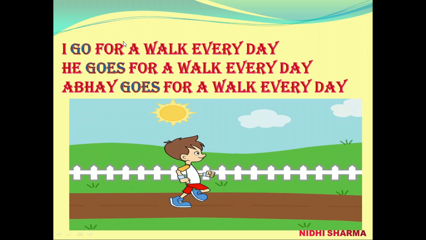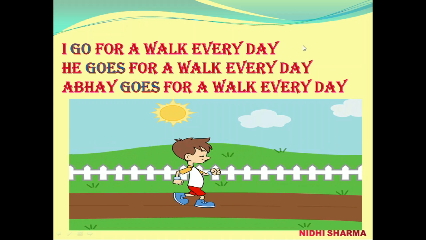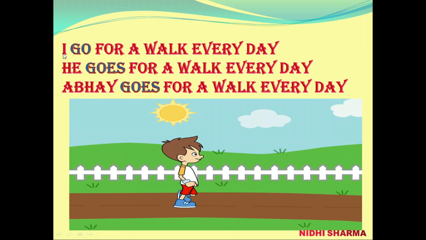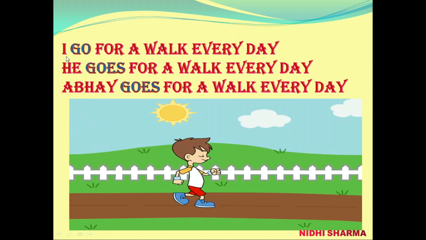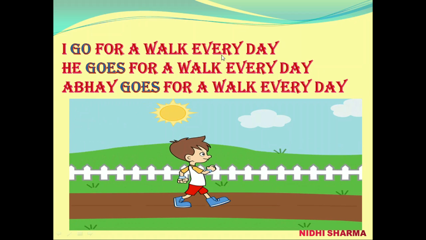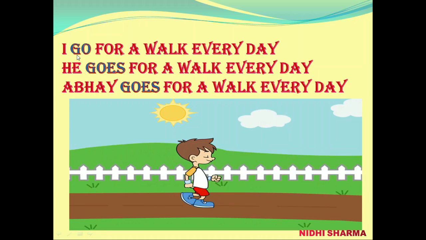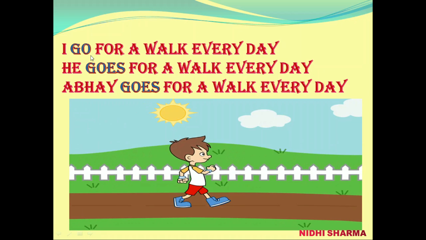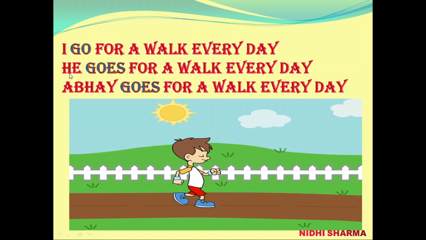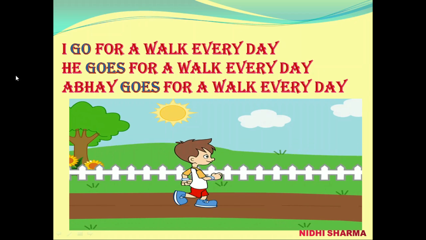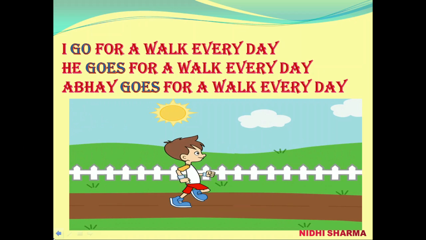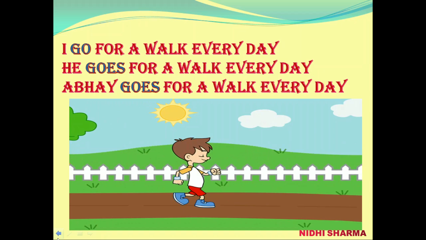Now, I go for a walk every day. So here again we have a first person singular. So the sentence is I go for a walk every day. Here the verb go is in the first form of verb. He goes for a walk every day. Now children, you know that he, she and it is the third person singular.